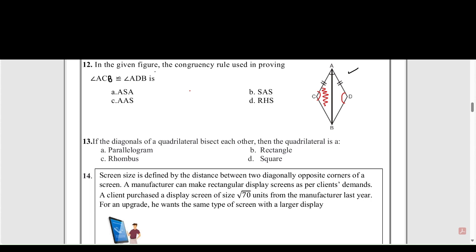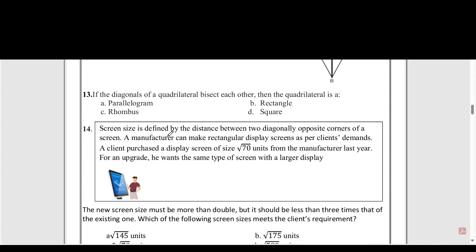So if you see ACB, these two sides are equal, these angles are also equal, this is equal. So by which criteria we can find? SAS. Next, if the diagonals of a quadrilateral bisect each other, then the quadrilateral is, this is the definition of a parallelogram. When diagonals of a quadrilateral bisect each other, it becomes a parallelogram.